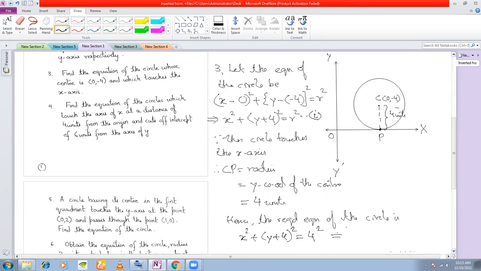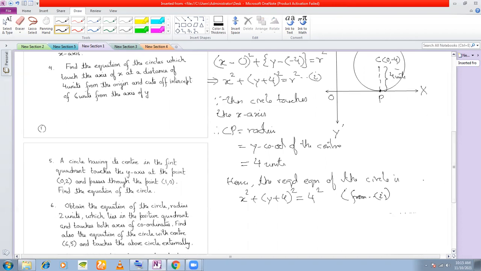This is from 1. So you get x square plus y plus 4 square is equal to 16. And that is the required equation of the circle. Fine. So this was simple enough. So moving on to problem number 4.